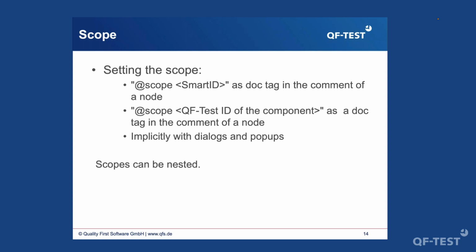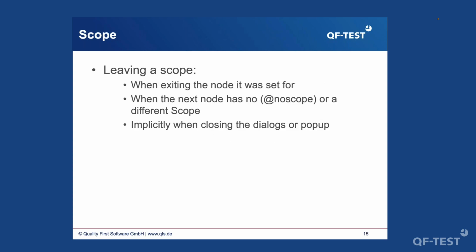You can nest the scopes together, which I will show also in the demo afterwards. You can leave a scope, as I explained, when exiting a node where we're setting a scope. You can also, if you have a sequence, and in the sequence you want to have just one step without a scope, simply put in a no scope doc tag in there, which is sometimes necessary if you have some combo box with a list in it, and depending on how it's implemented, the list is not a child element of the combo box itself because it's displayed somewhere else.